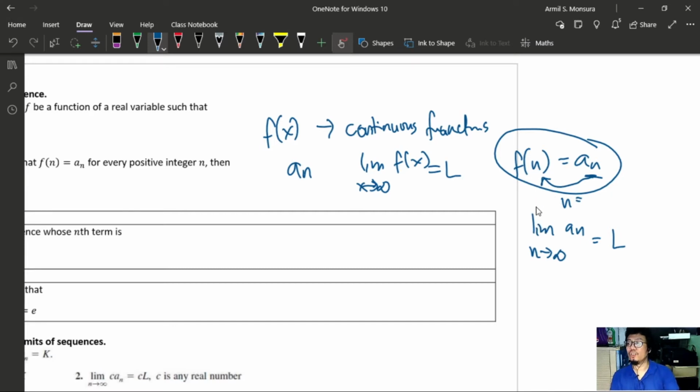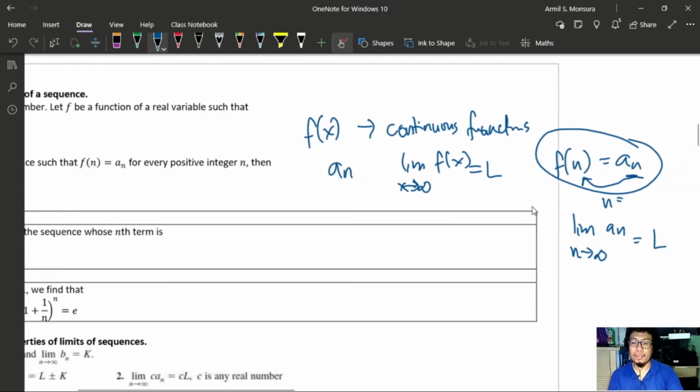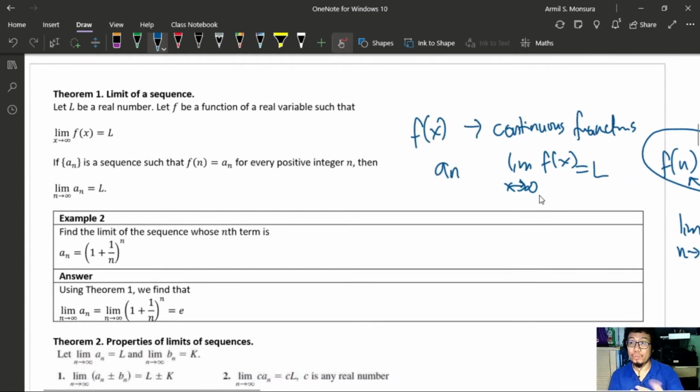With that established, we can simply change everything to x first, evaluate the limit, and then bring that analysis over to our a sub n, because we have Theorem 1 as our weapon for that.